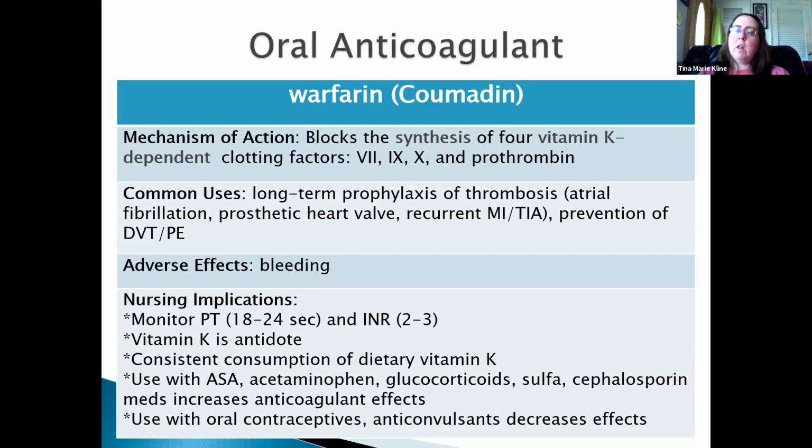If I took a pill of Coumadin today, you are not really going to see the effect in my blood for at least 3 days, probably closer to 5 days, which is why with the Coumadin prior to surgery, they generally stop it 3 to 5 days prior. So this is going to take a while to work.